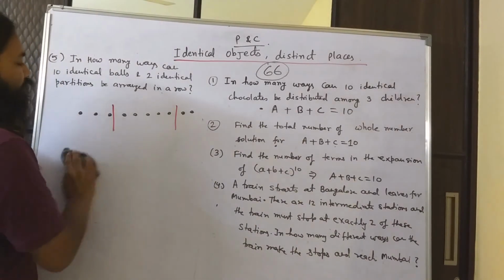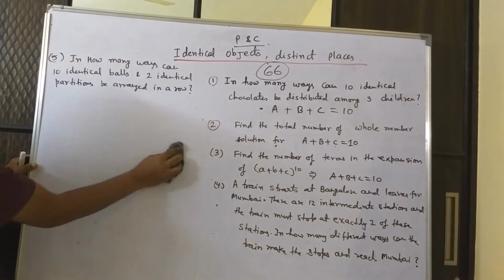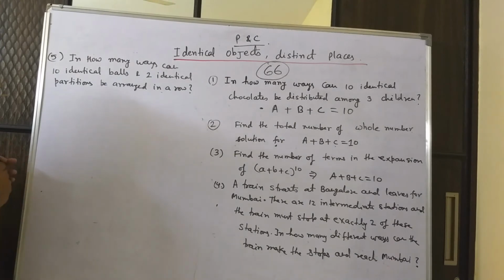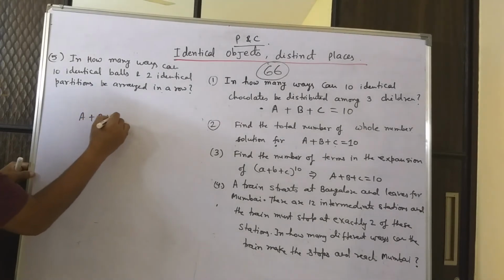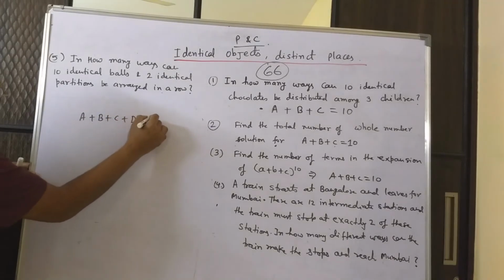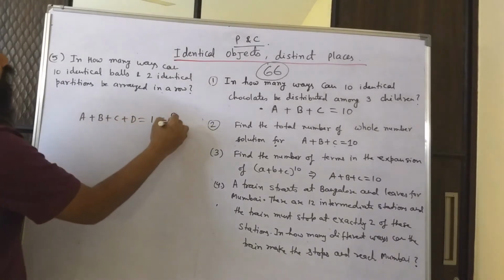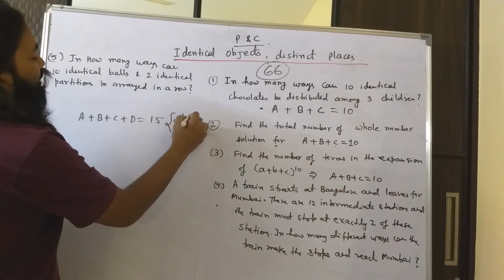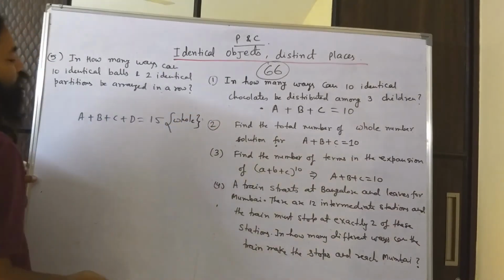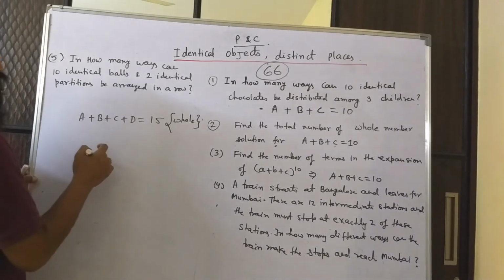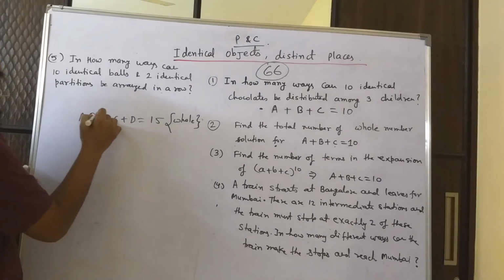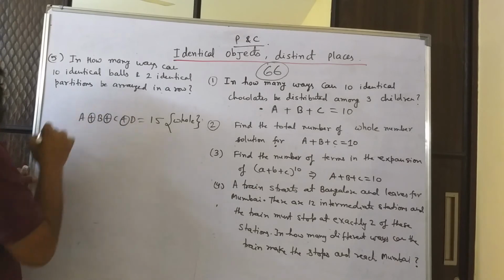Now just to practice one more question. Suppose I get something like this: A plus B plus C plus D is equal to 15. Again, if I have to find whole number solutions, what do I do? It's like for me 15 chocolates and 1, 2, 3 partitions.